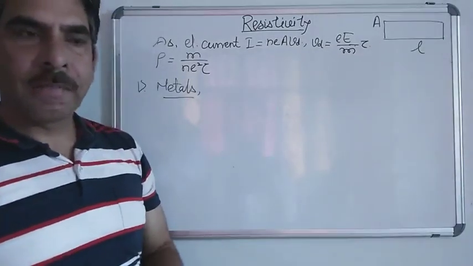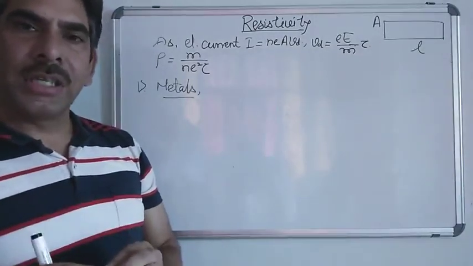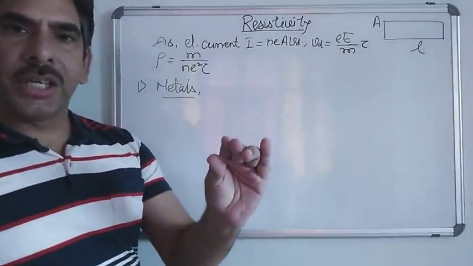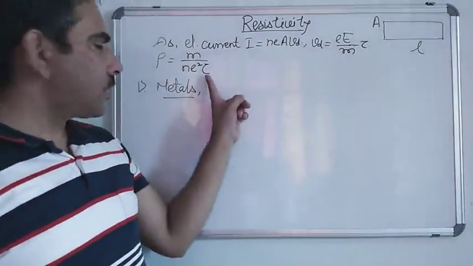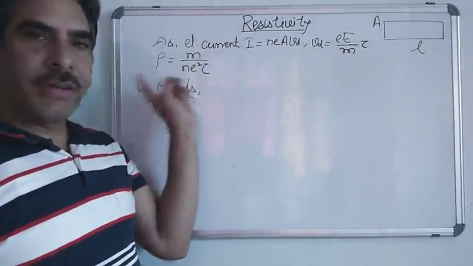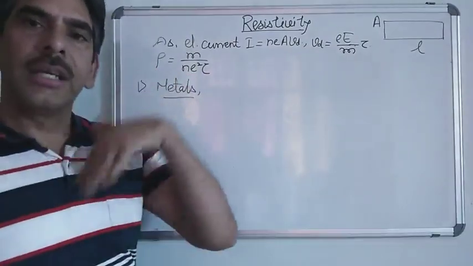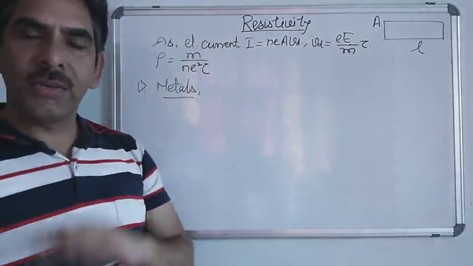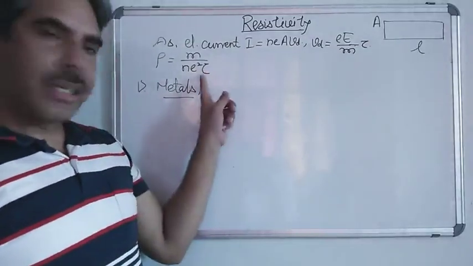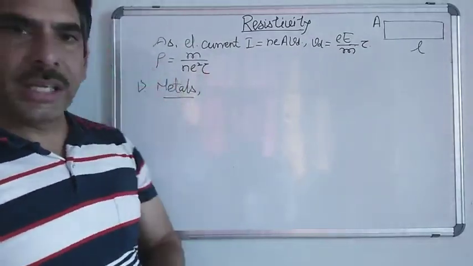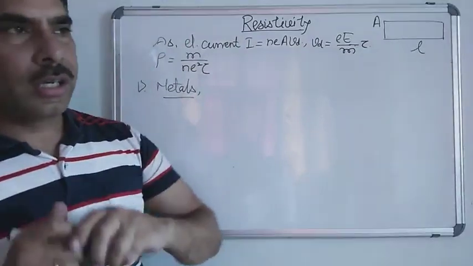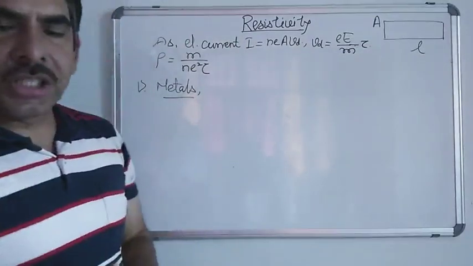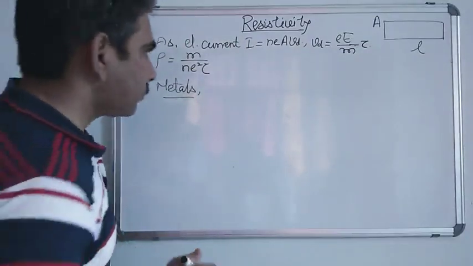This increase in the number of collisions reduces the relaxation time. Whenever relaxation time reduces, the resistivity of that conductor or material increases. So we can say that with the increase in temperature, relaxation time decreases and hence the resistivity increases. This is how the resistivity of a metal is affected.